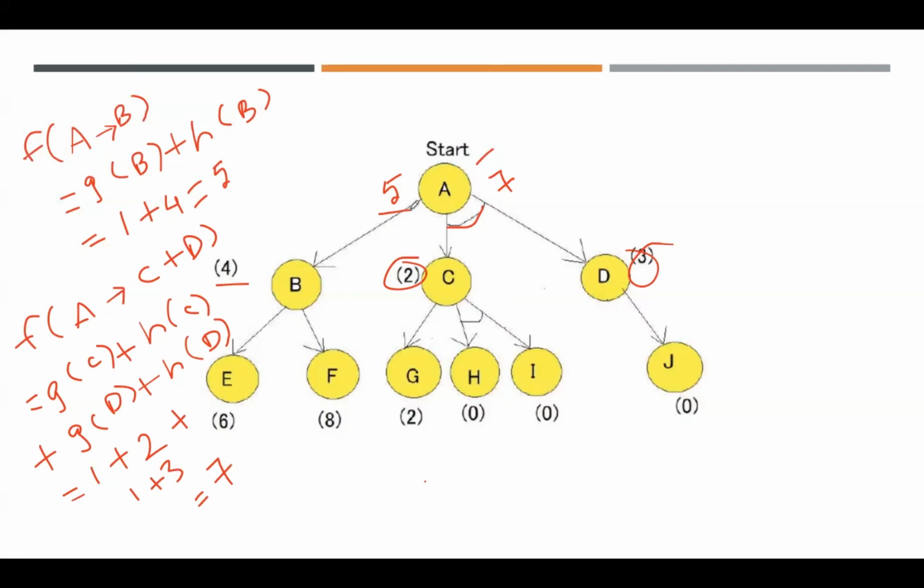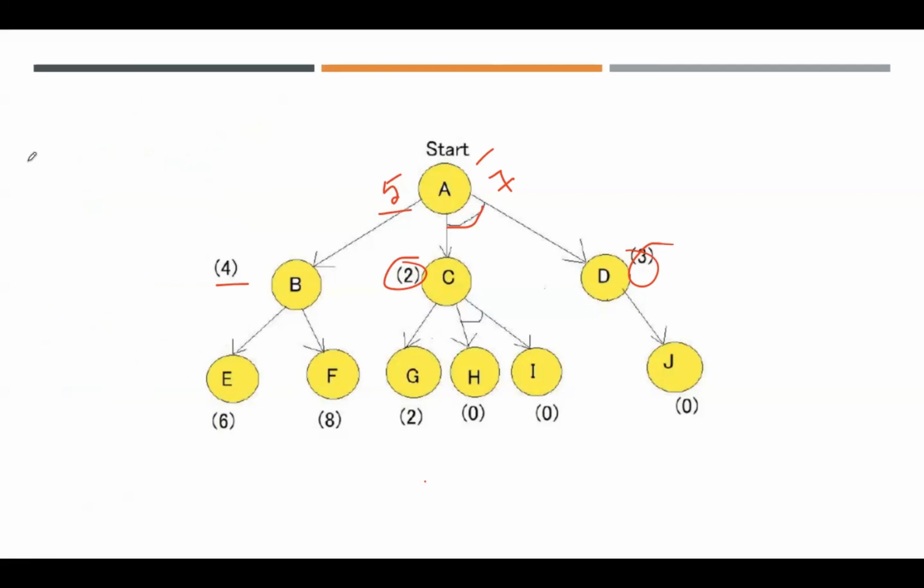The path is now calculated from B to E and B to F. Calculate the path from B to E: f of B to E equals g of E plus h of E. G of E is 1, and the heuristic on E is 6. So it gives you 7.